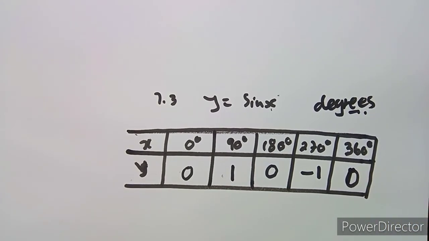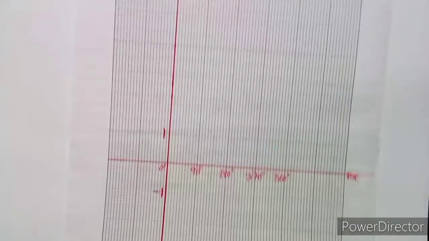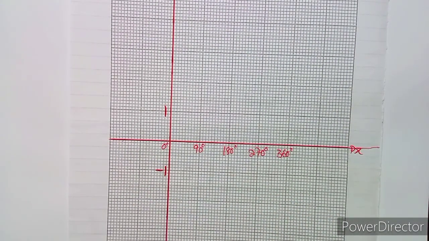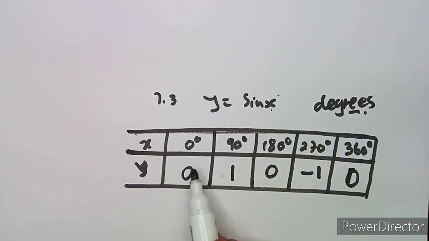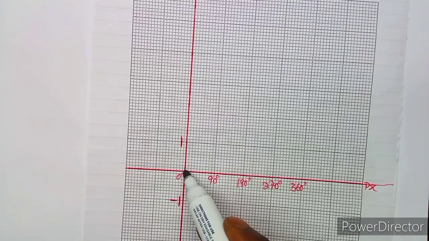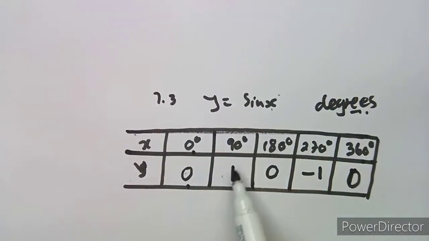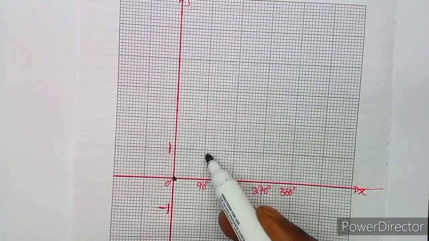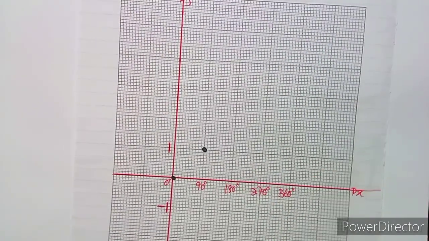Once you can do that, then you are able to now draw. So I'm having a smaller presentation here, guys, like your x and y. You just need to mark your points: 0 versus 0, which is at this point here. Then 90 degrees versus 1, which is at this point.